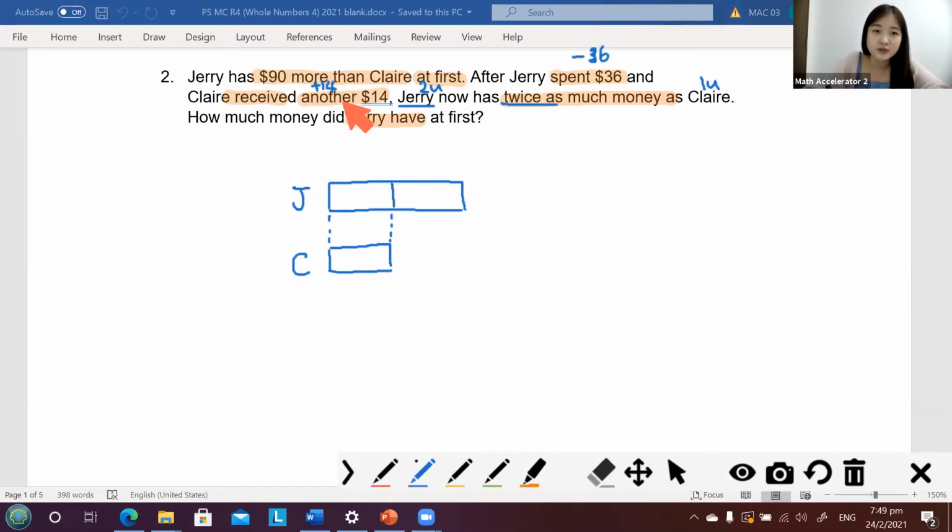You receive money means you add plus 14. But if you're working backwards, it will be the opposite. So if you spend 36, will you want to minus 36 here or plus 36? You're working backwards. Plus or minus 36 to your model.